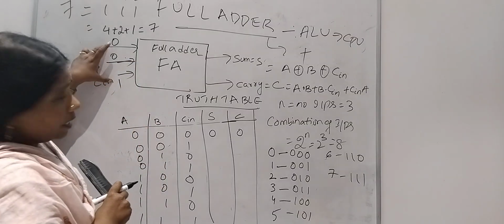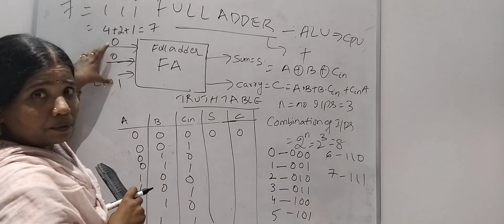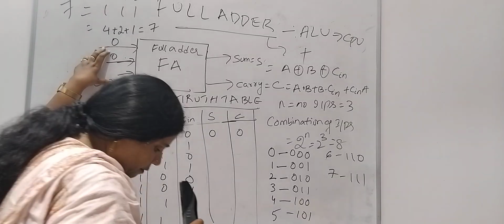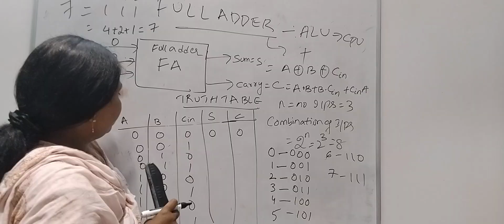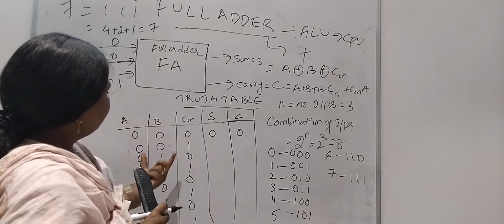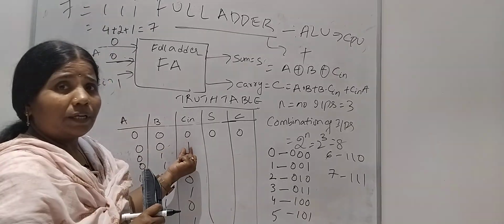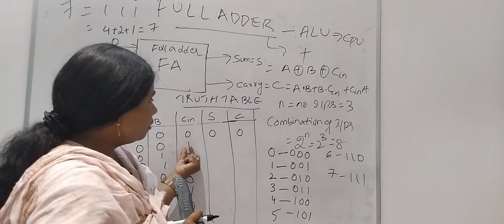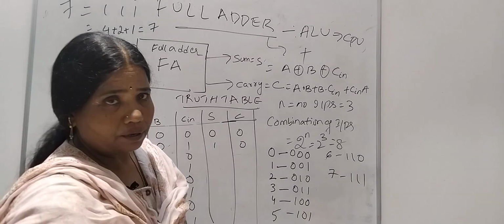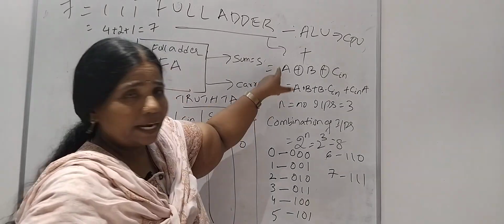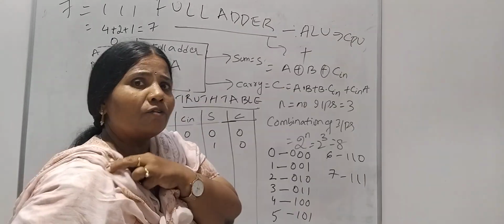So 3 inputs you are giving. Each of the 3 inputs, how many bits are you giving here? We are giving each input as 1 bit. So among the 3 inputs, if one of the inputs is 1, what will the output be? Sum will be 1 and carry is equal to 0. That you remember, depending upon the gate level circuit which is present in the full adder.